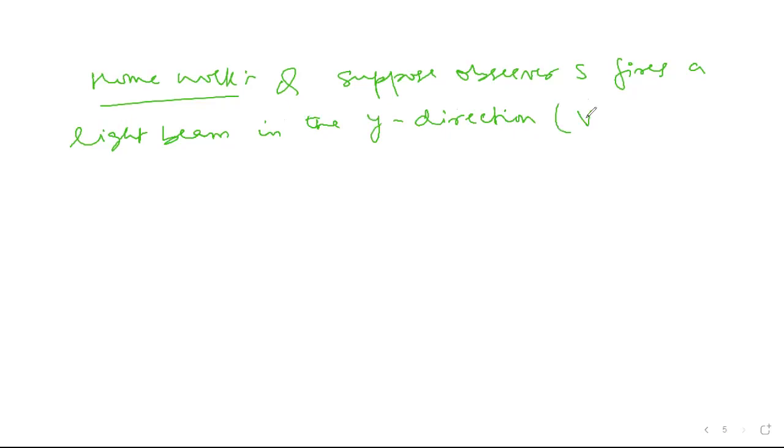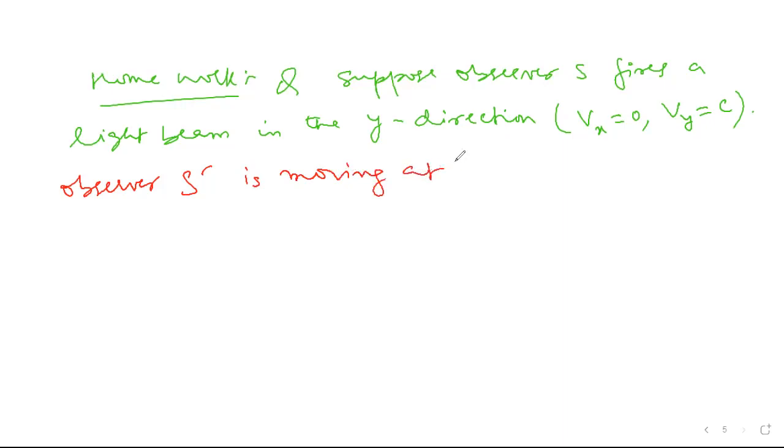That is, Vx is equal to 0, Vy is equal to c. Observer S prime is moving at speed u in the x direction.